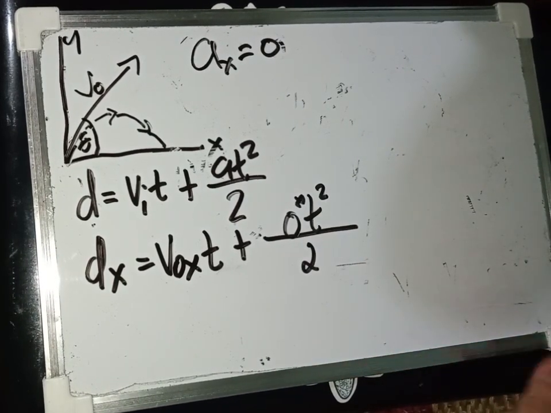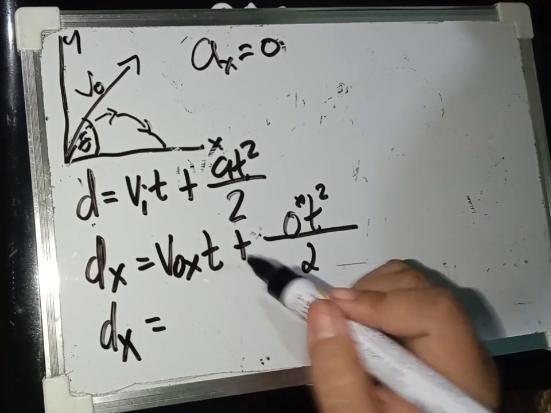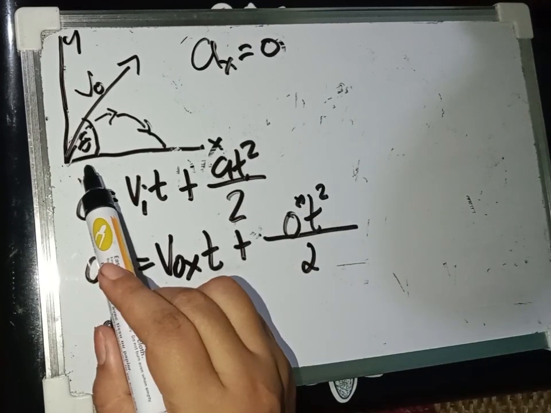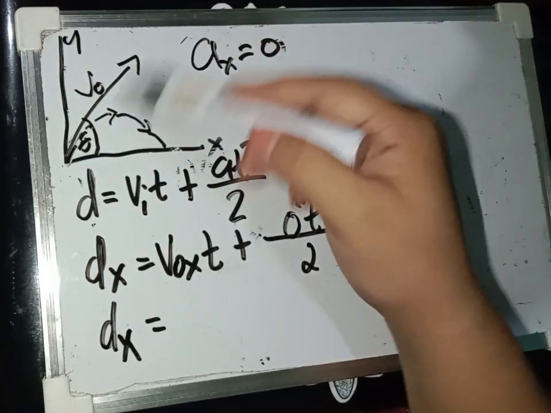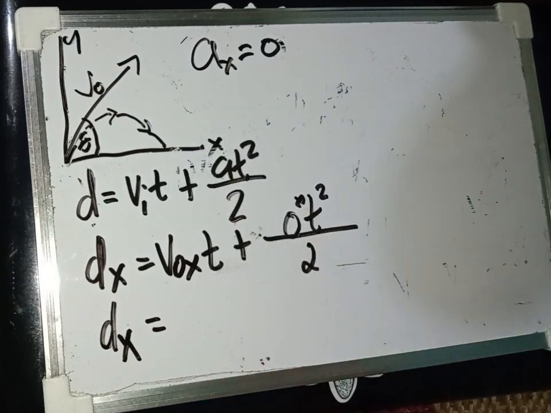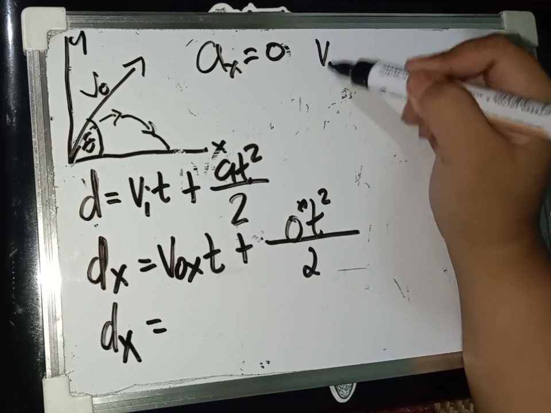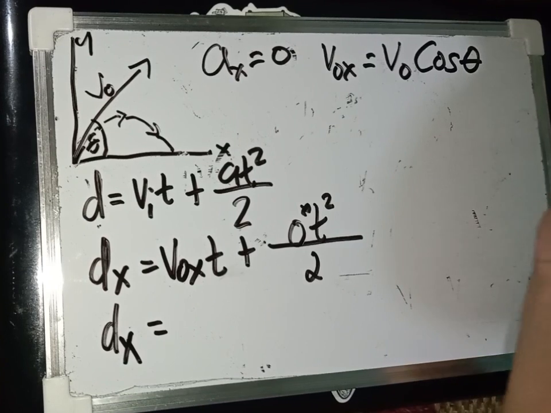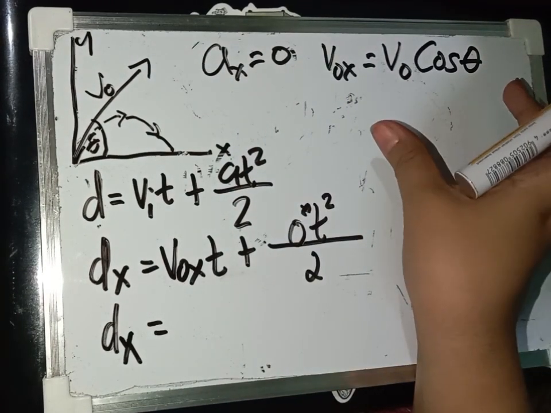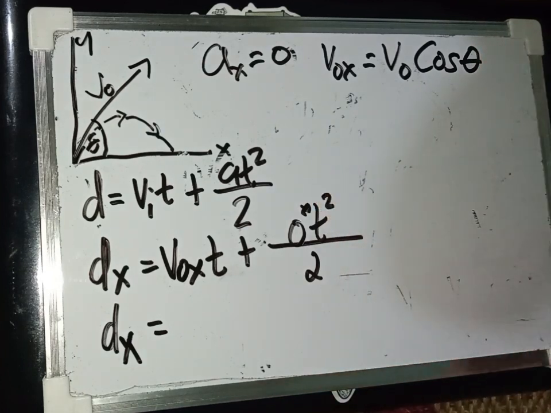So the next thing that we need to do is, of course, we have to input the equivalent value of v naught of x again, because again, we don't have the initial velocity for x here. We only have the initial velocity as shown on that angle, but we don't have it for the x component. We will be using the earlier v naught of x equals v naught multiplied by cosine theta. This is the earlier derived value that we get from the cosine theta in the trigonometric function.